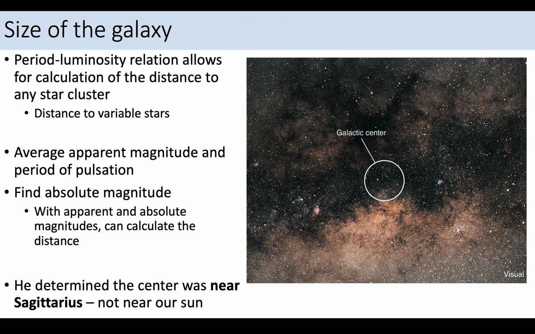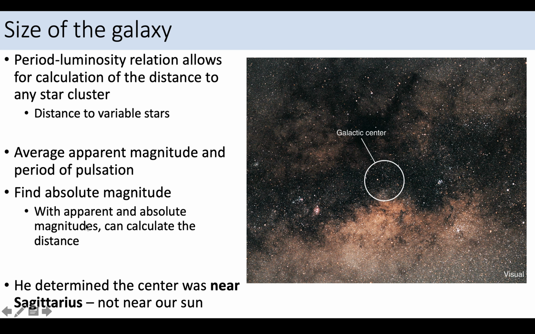That relationship allows us to calculate the distance to a star cluster that has variable stars, because we can calculate the distance to those variable stars using the apparent magnitude and the period of pulsation. The apparent magnitude and the period we can use to find the absolute magnitude, and then knowing the absolute magnitude and the apparent magnitude, we can calculate the distance, which we've done before.